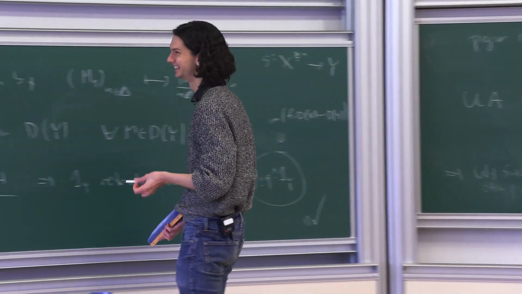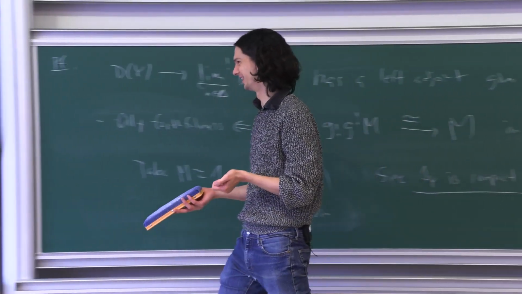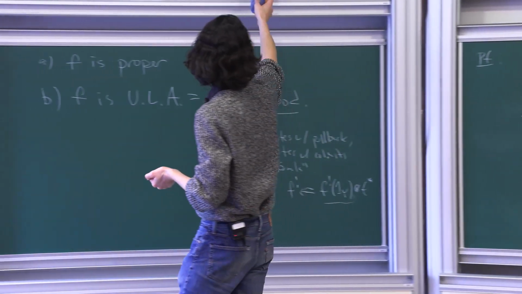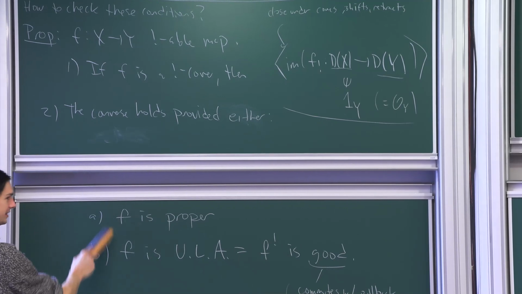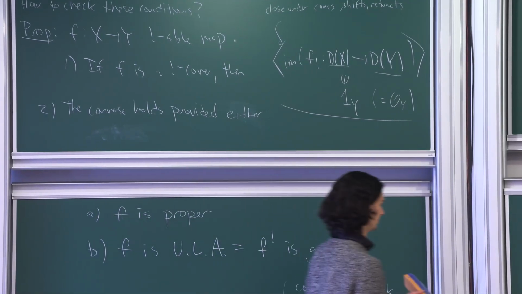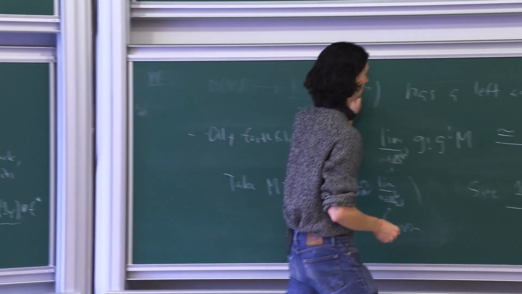Okay, so we're part of the way there. Now this is a more concrete thing that you might hope to be able to check. So you have to be in one of these two situations. Let me explain some special cases.